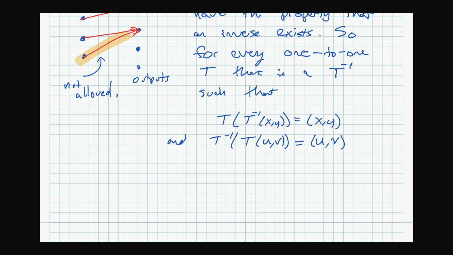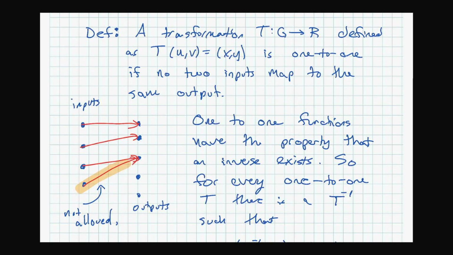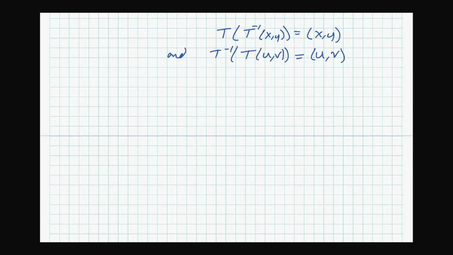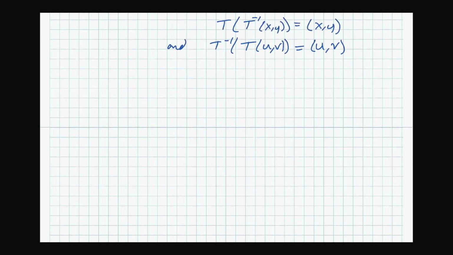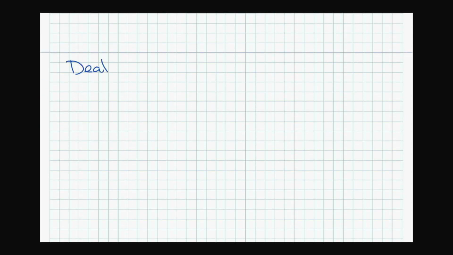Okay, so that's a little bit about transformations. What we want to do is figure out what transformations do, right? So let's think about what we can do with them. Our first type of problem will be something like this, dealing with transformations.